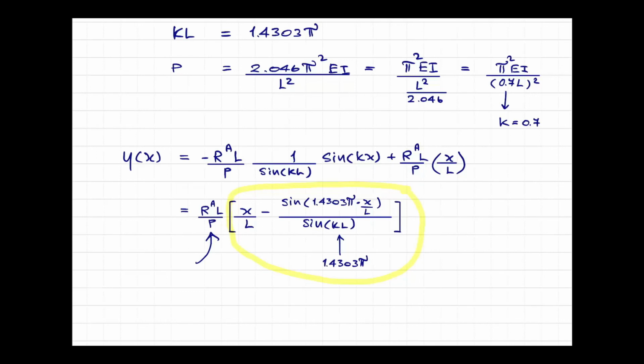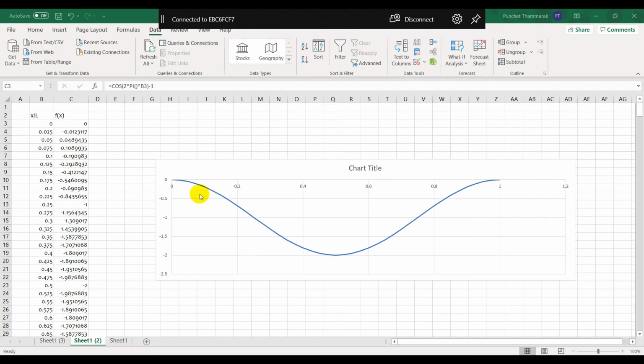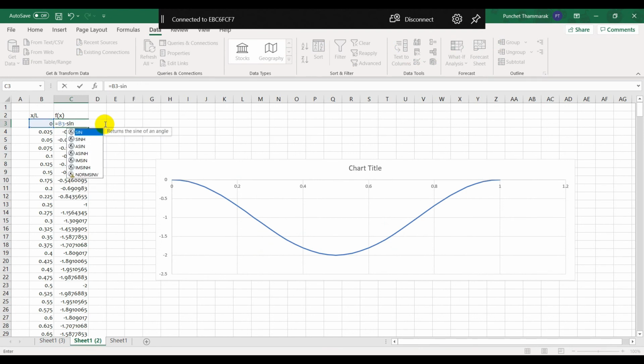Excel again. All right, we switch back to Excel. So we use this sheet. We have the X over L ratio. Now I'm going to write the function of X, which is equal to X over L minus sine of X over L multiplied by 1.4303 multiplied by pi.